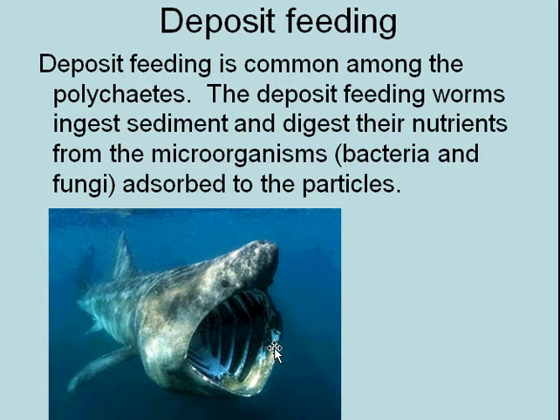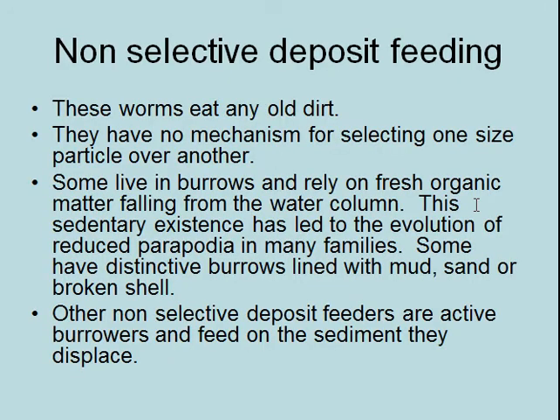So that's a good analogy because deposit feeders, especially non-selective deposit feeders, will just cruise through the sediment eating any old dirt that comes into their mouth, and then they digest out the bacteria and fungus and any other digestible organic material within that sediment they've eaten.